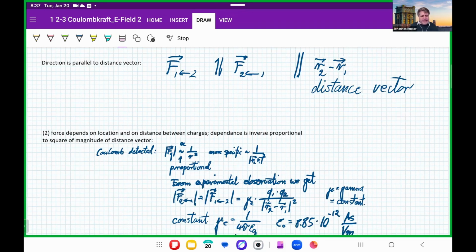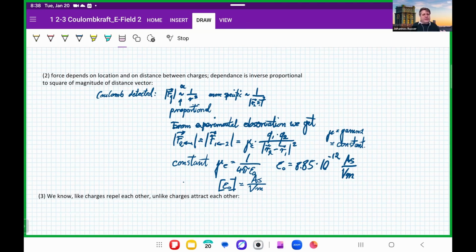And Coulomb observed and figured out that the magnitude of that force is inversely proportional to the square of the distance, specifically to the distance vector. He also observed that it is proportional to the magnitude of Q1 and Q2. So you have here in that formula for the Coulomb force, Q1 times Q2.